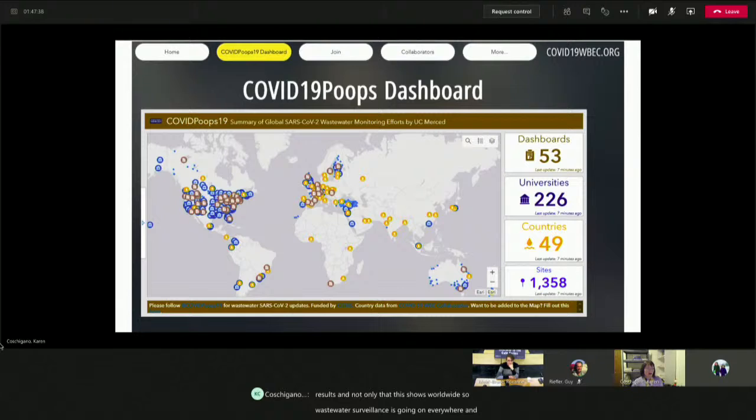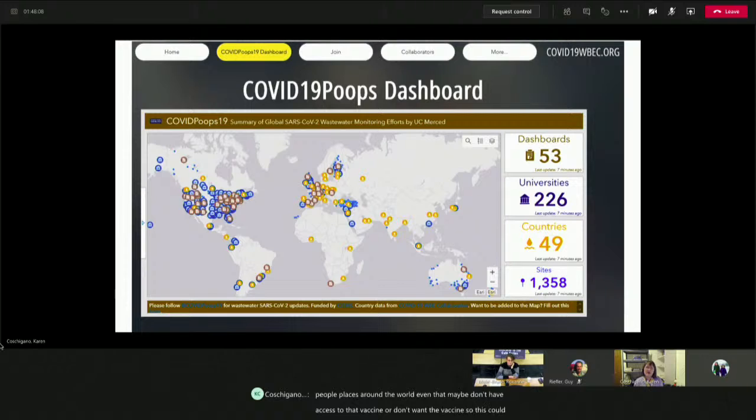And we're still learning what it can tell us, but what we're hoping is that eventually we can maybe slow down on the clinical testing and keep the wastewater surveillance going, especially as people get vaccinated. The incidence is going to go down, but there's going to be regions or pockets of people, places around the world even, that maybe don't have access to that vaccine or don't want the vaccine.